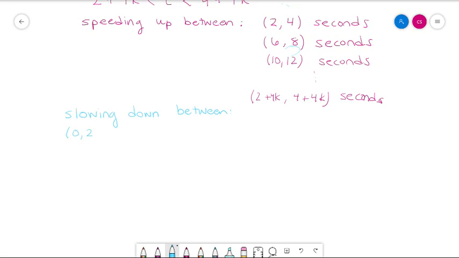Okay, and that's because in our sine curve, we're either speeding up or we're slowing down. There are no pauses in the sine curve. All right, so 0 to 2, 4 to 6, 8 to 10, etc., and then seconds, of course.